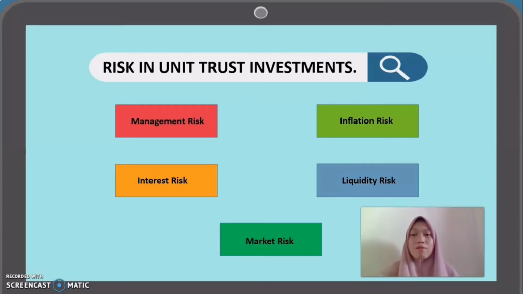So I would like to continue this presentation about risk in unit trust investment. First, management risk. Before we invest, we should know how to manage investment and also have knowledge. This is because the performance of a fund is dependent on the experience, expertise, knowledge, and investment technique used by the fund management.